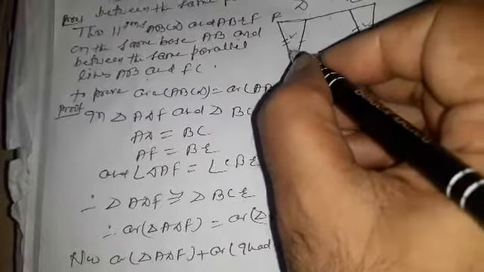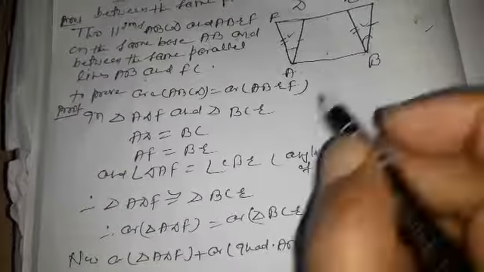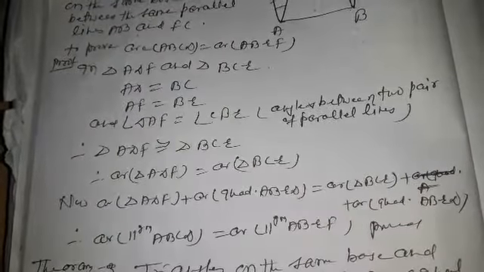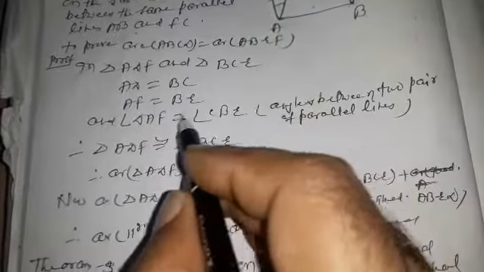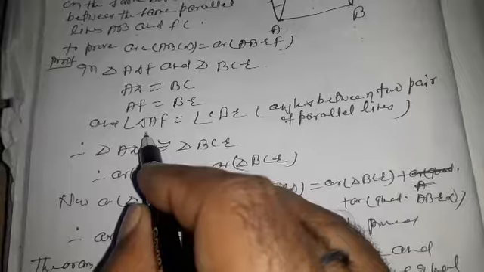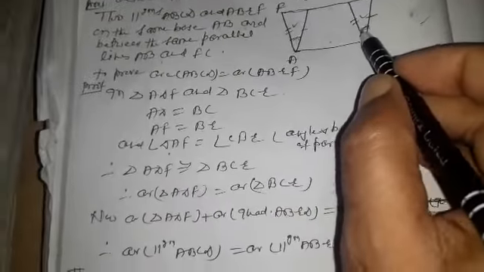And angle DAF and angle CBE are also equal because these are angles between two pairs of parallel lines. So in triangle ADF and triangle BCE, angle DAF is equal to angle CBE, angles between two pairs of parallel lines. So they are equal.